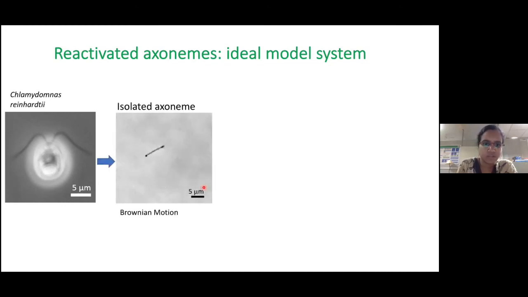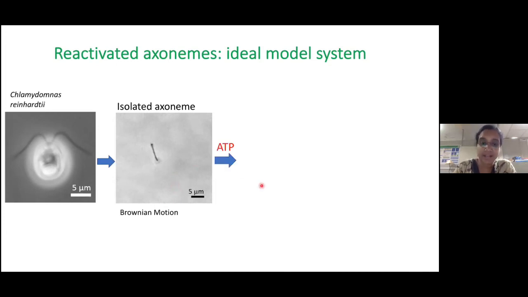We removed the flagella from the cell, and you can do that by adding antibiotics or through mechanical means, and these cells will shed their flagella. This flagellum by itself will just be a Brownian rod-like object and move around.